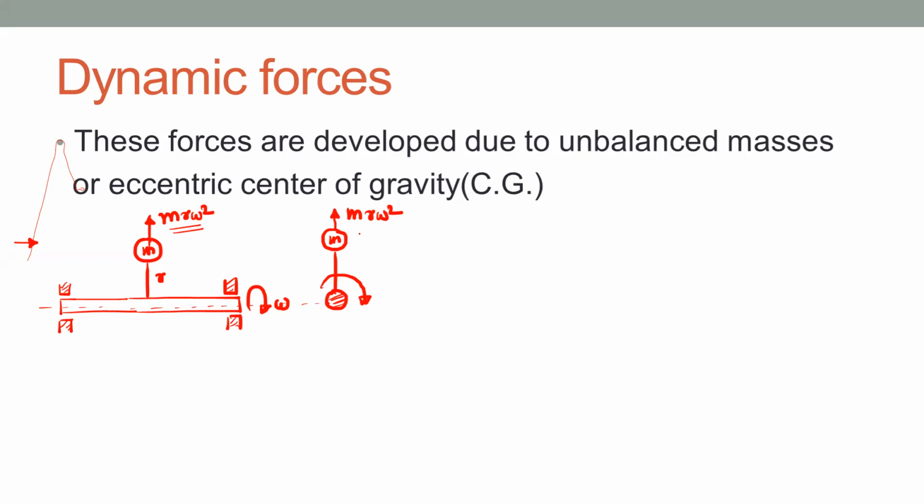So why do we need to balance the system? In this unbalanced condition, it will try to bend this shaft about this axis. Because of that unbalanced centrifugal force, the shaft will have the tendency to bend like this.